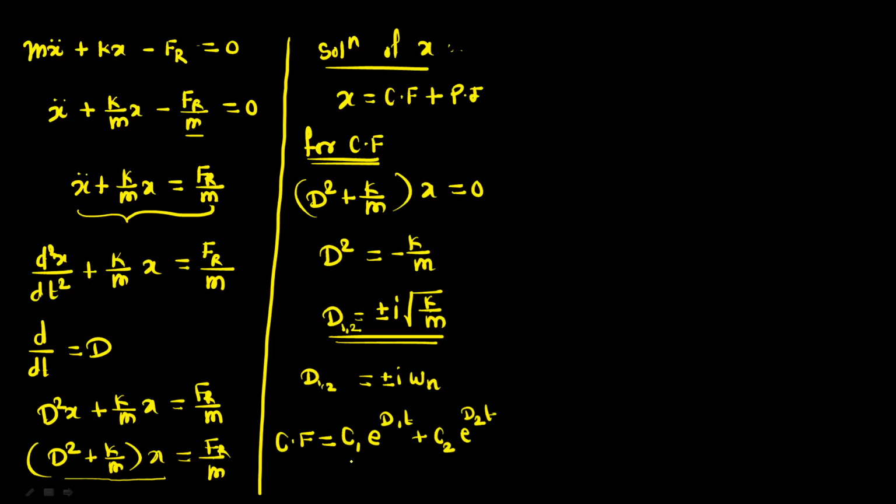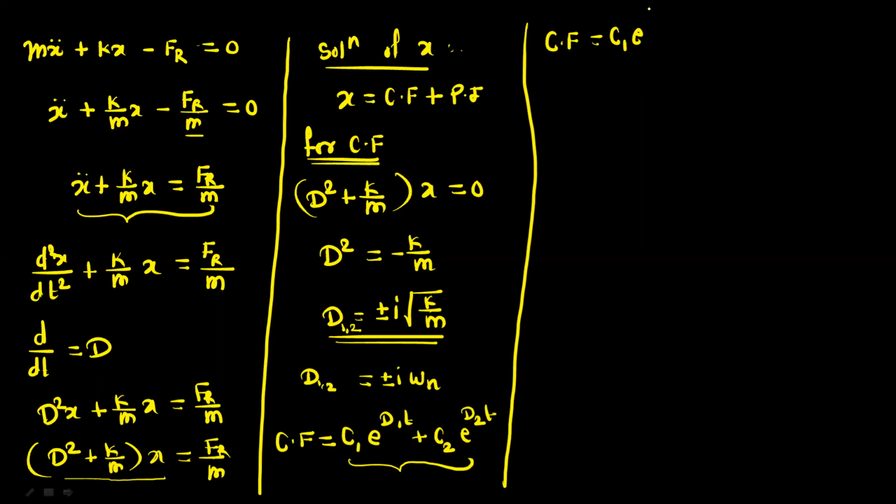This is the standard equation for non-repeated roots. So the complementary function is equal to c1 e raised to i omega n t plus c2 e raised to minus i omega n t. After this, you can expand the value e raised to omega n t.